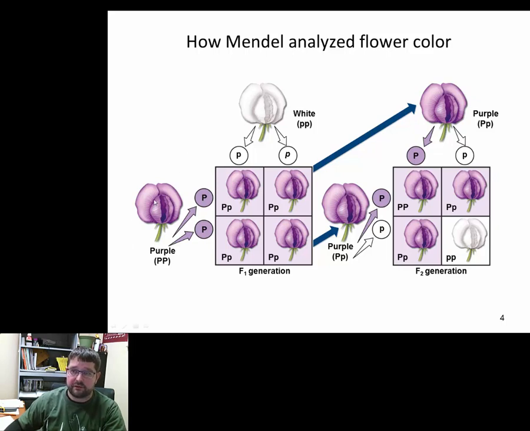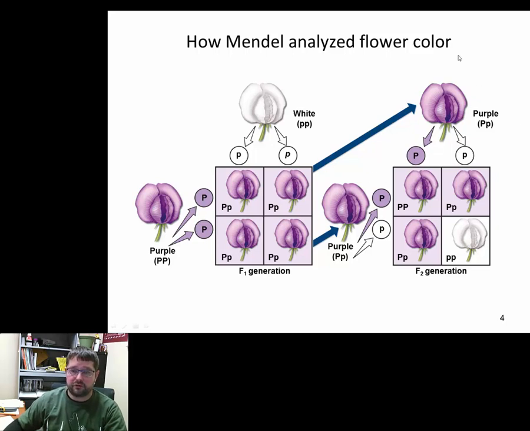Now, wild pea plants will have purple flowers most often. But the only thing that changes here is not how often it's represented. It's when you stick the two together, the one that shows up in the F1 generation is dominant.